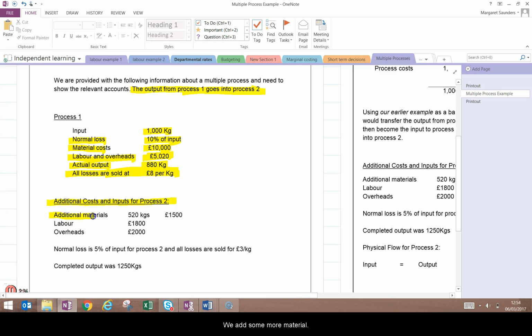We add some more material. There is some more labour involved, and there are more overheads incurred. Process 2 is different to process 1. The normal losses for process 2 are 5%, and we can sell our losses for £3. And our completed output is 1,250 kilos.